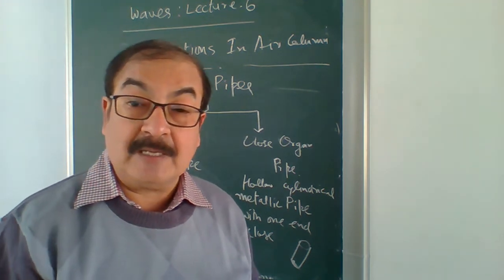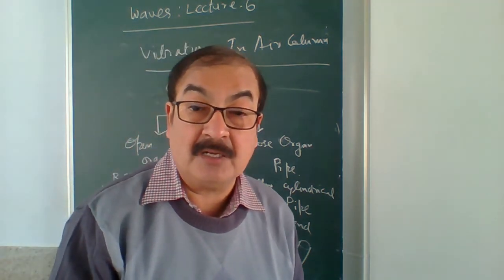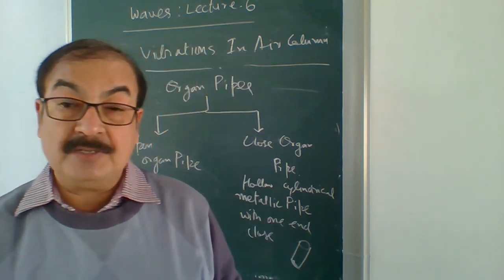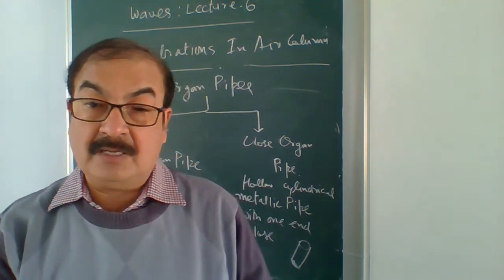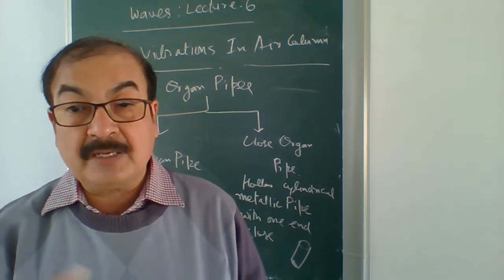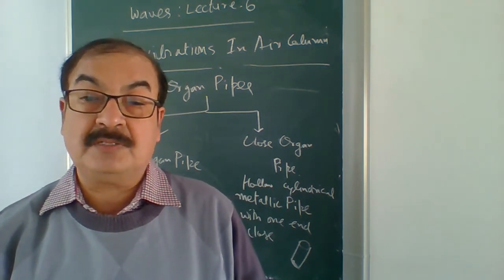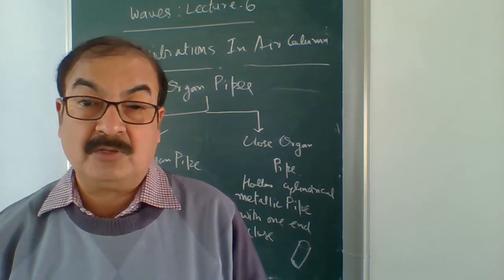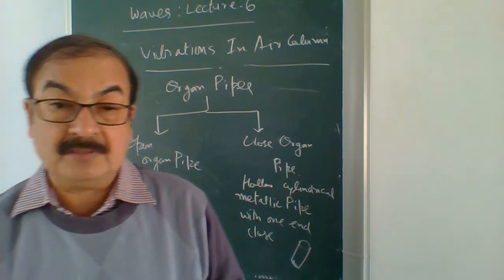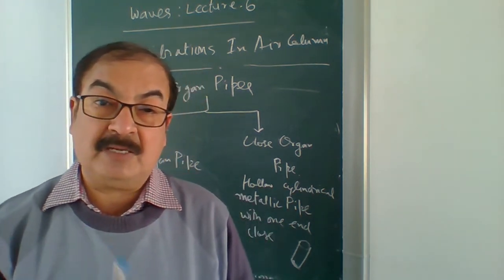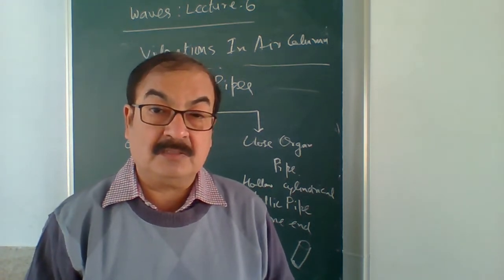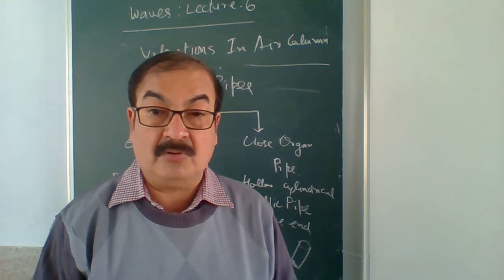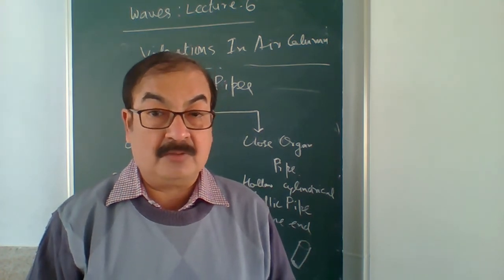That means there is a variation in the frequency. With the same length of pipe, we can get different frequency, different wavelength of the corresponding wave, and that type of thing is specifically discussed in stretched wire as well as these organ pipes, or we call open organ and closed organ pipe.